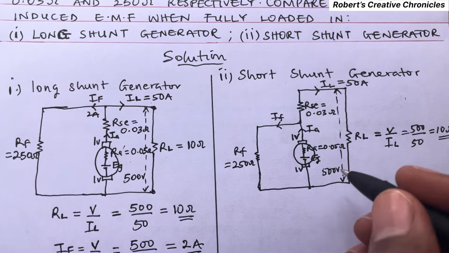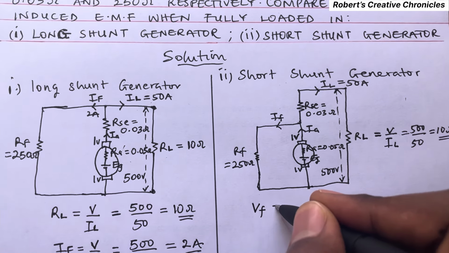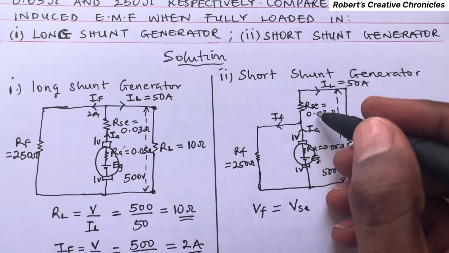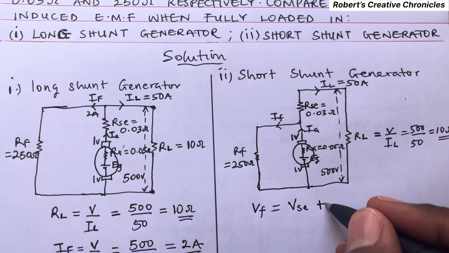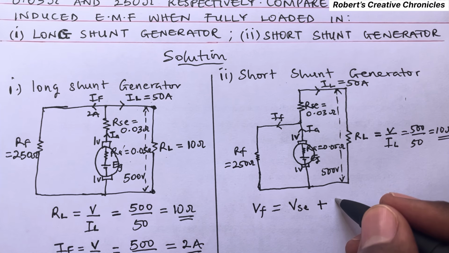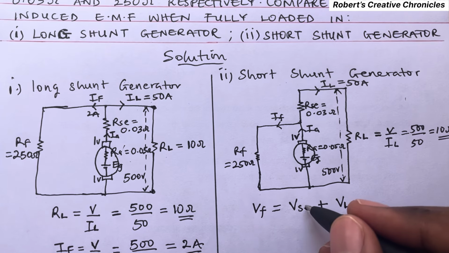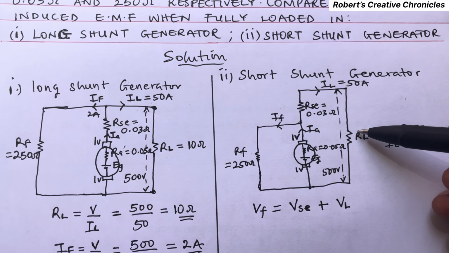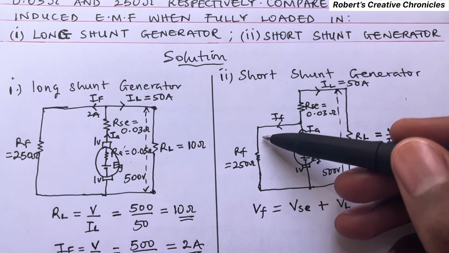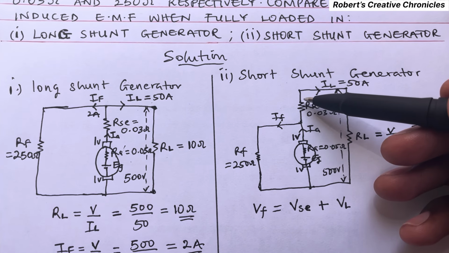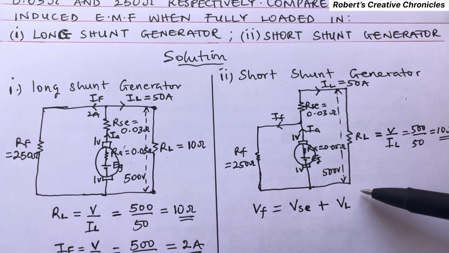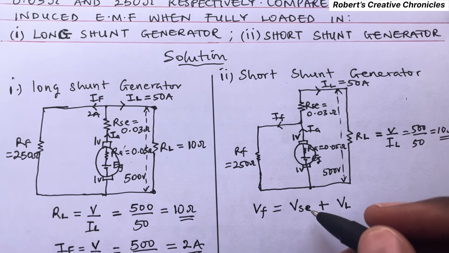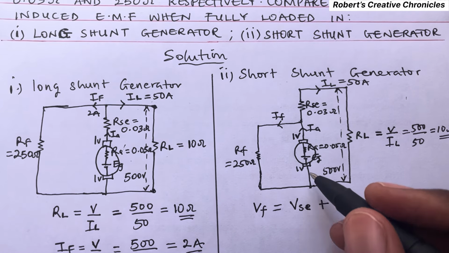So now, the formula we're going to use is V_F equals the series voltage, this one, plus V_L. So V_F is now equal to the voltage of this series resistor plus the voltage of this load resistor. So what's the voltage of the series resistor?